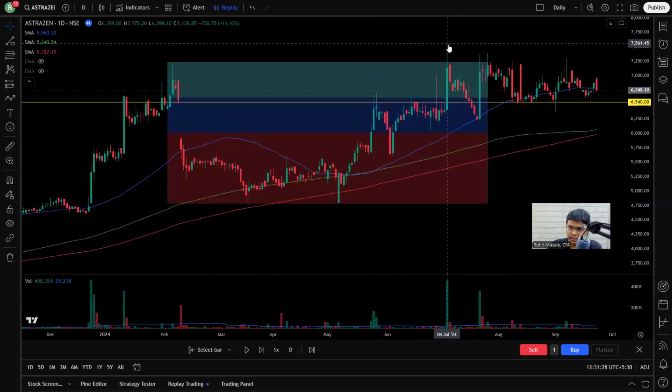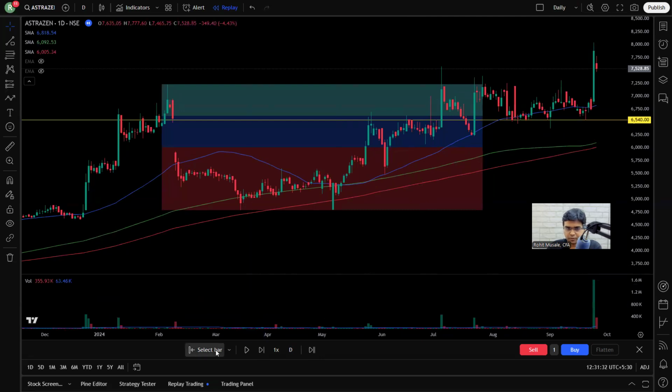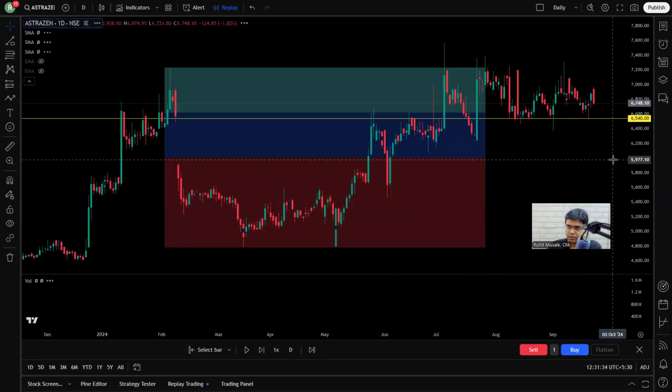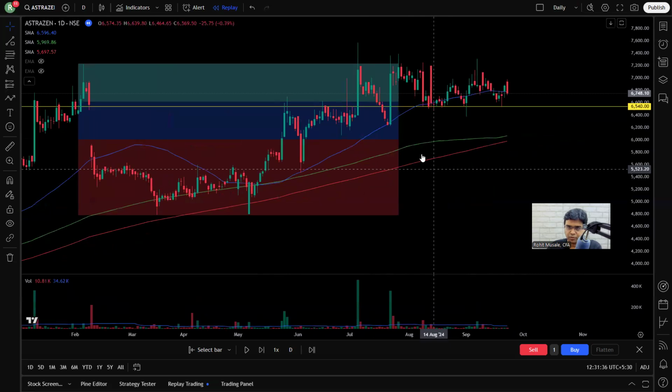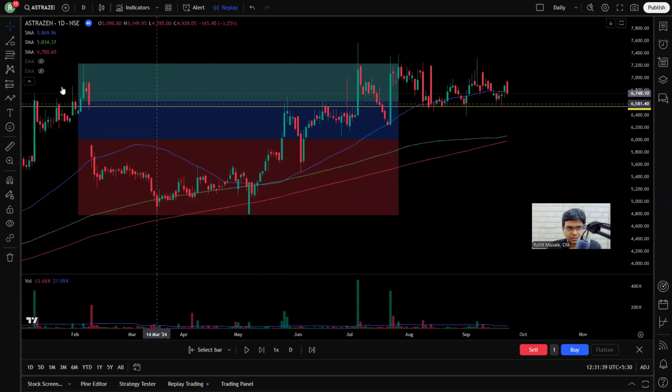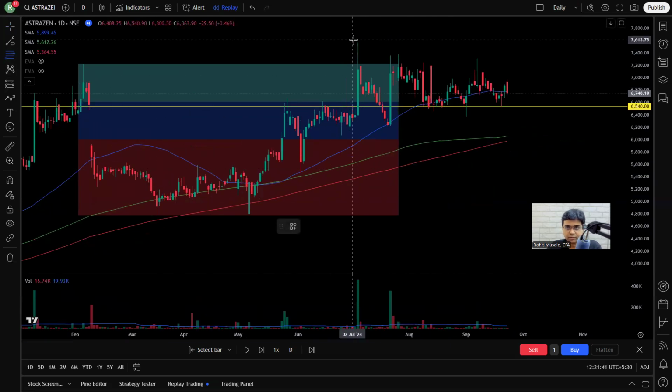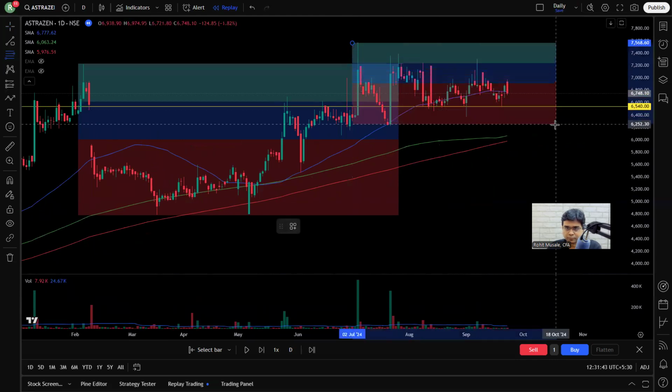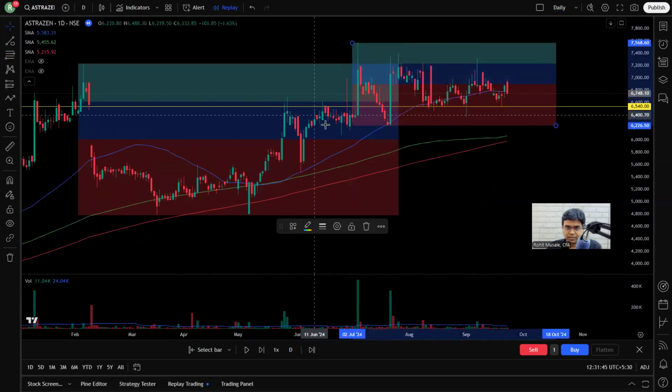But now the point counting starts from here. Wait, let me lock this. Now, if you notice, the point counting starts from here. Since it has not gone up 20% from the buy point, ideally it should go up 20% from point number one, 25% from point number one, before it starts to form another base.